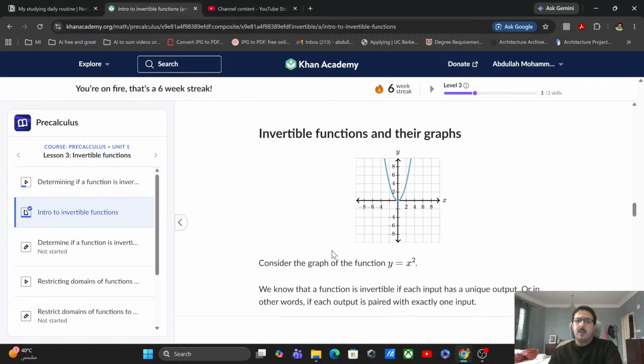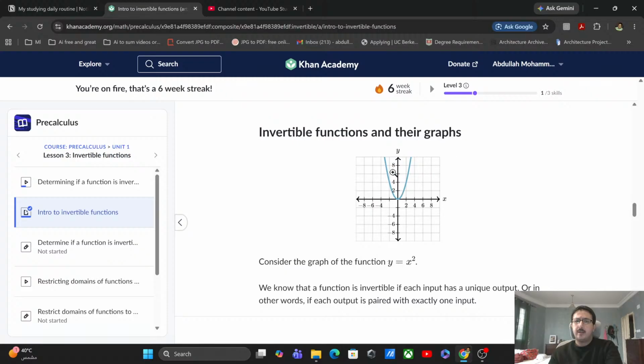Correct. Invertible functions and their graphs. What is this, parabola or hyperbola? The graph of the function y equals x squared. 2 squared is 4, and -2 squared is 4.